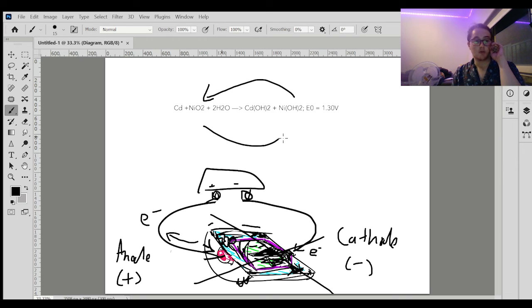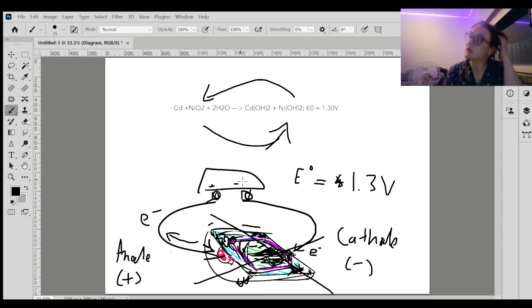We just move everything to the other side. Just flip it. Done. An important thing to note actually is the thing that is recharging it has to have a higher potential difference than 0.13, because the cell is negative 0.13.